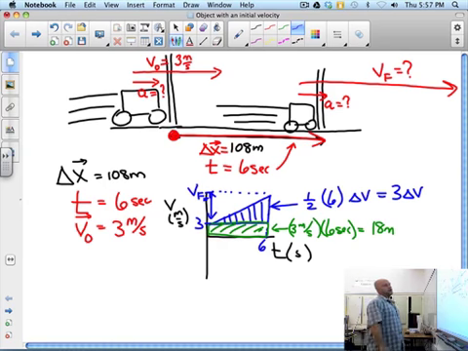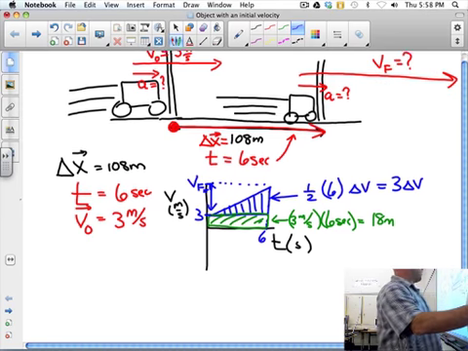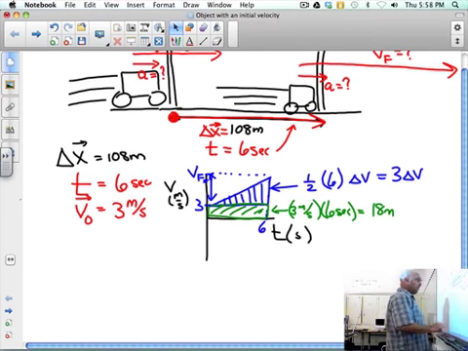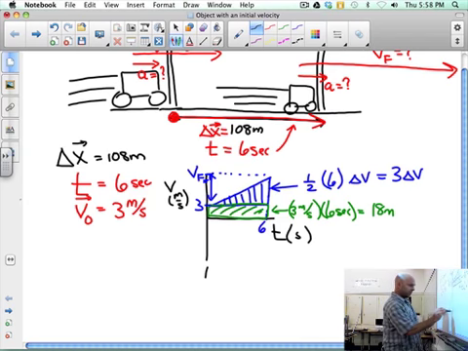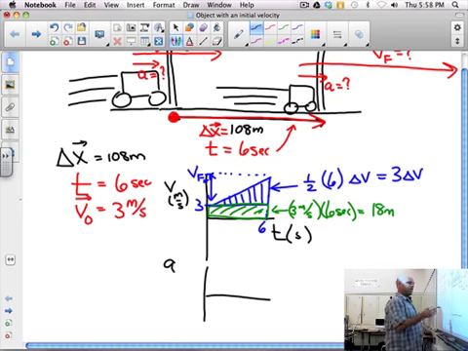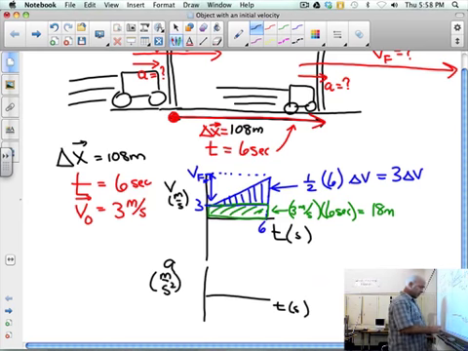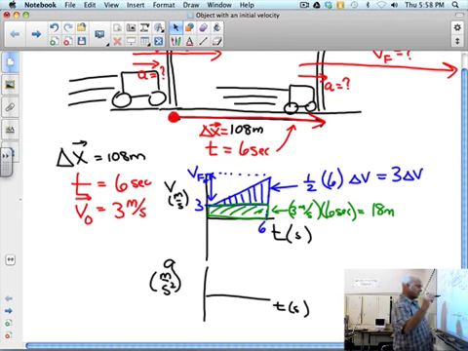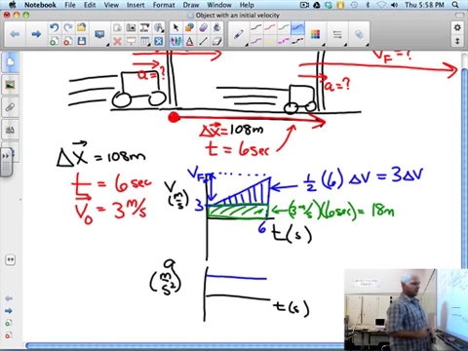Now I'm kind of stuck at that point, so naturally I'll just go to an acceleration time graph. Okay? An acceleration time graph is going to be the slope of my velocity time graph. So it should look something like this, right?